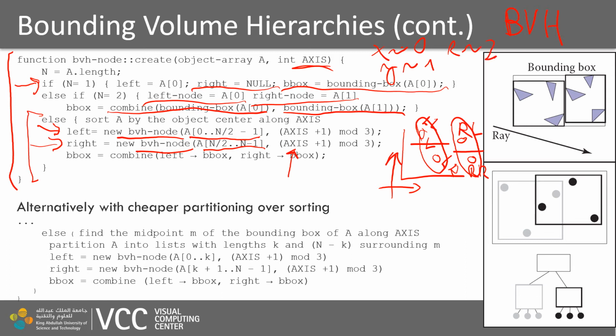So with this, we will be looping, and in always the next case, we will be partitioning along a different axis. And once we perform our partitioning, then we always combine the children's bounding boxes into a bigger bounding box, which will then be used for the current level.